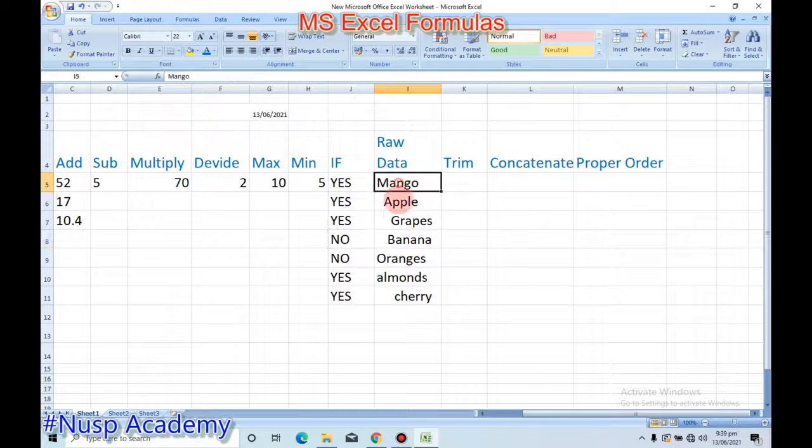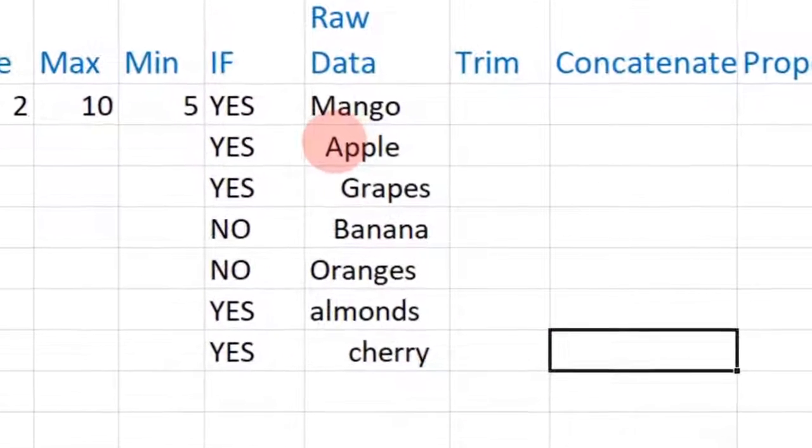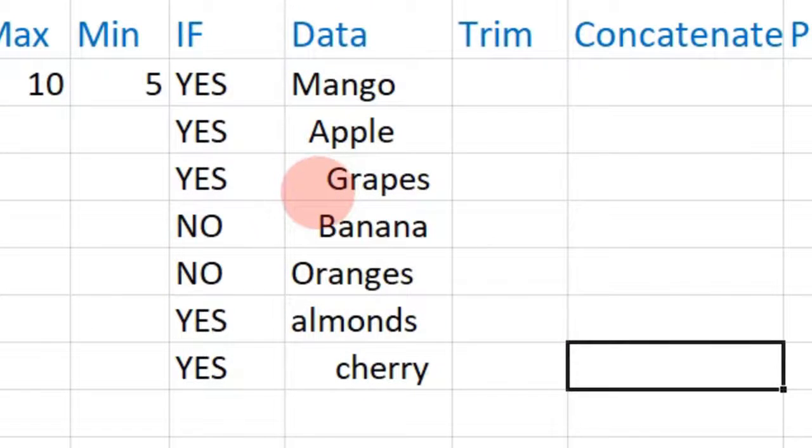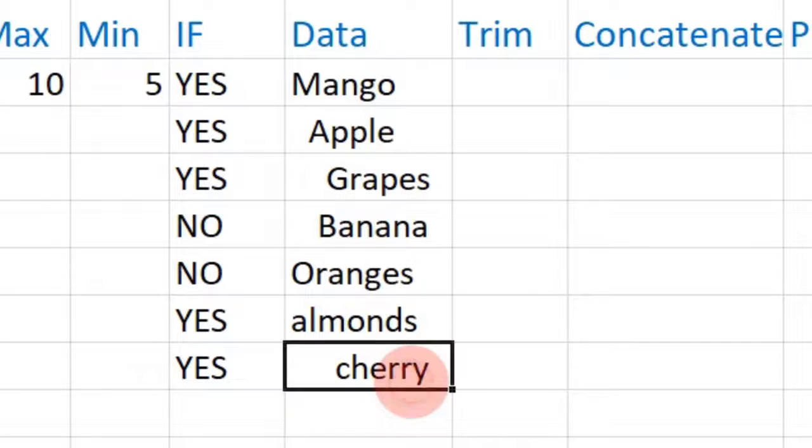We have another data here. If you look closely, we have spaces before the starting of some words, in apple, in grapes, in banana, in cherry. We want to remove these spaces so that all the words begin right from the beginning.